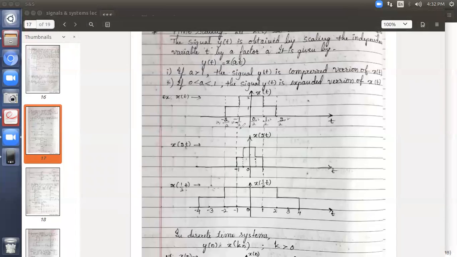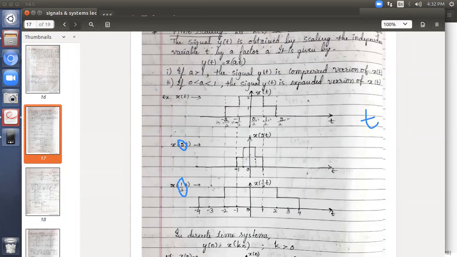Ma'am, why should multiply by 2 only? Okay, very good question. As I told you, it is actually the a value. A is important. Whenever you have a time, here in this case, the first case, when it is greater than 1, we simply multiply by that a.